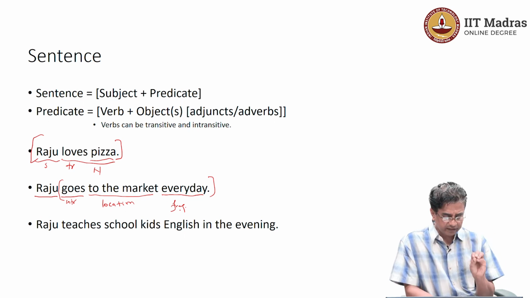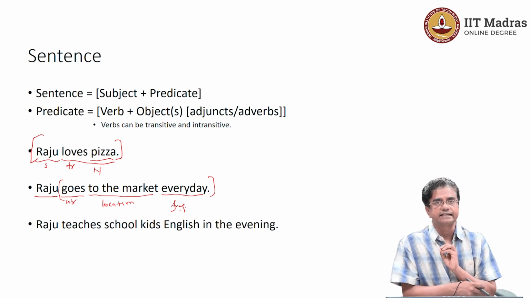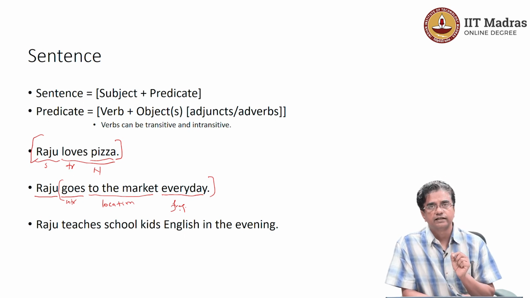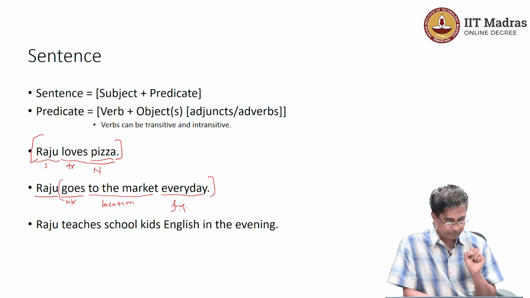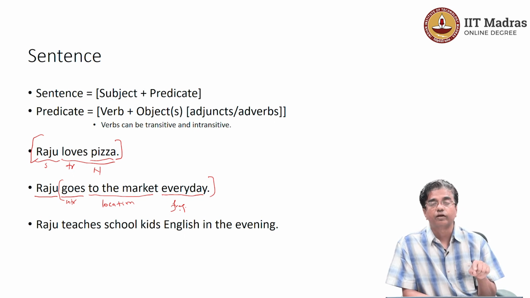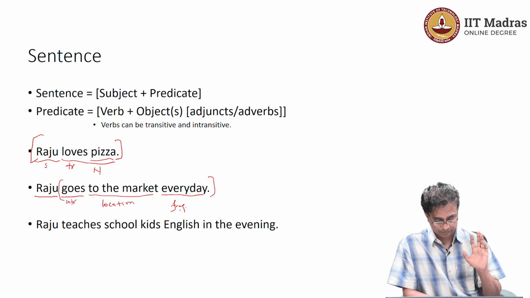So when an element adds some sort of information about the verb in a sentence, that is called an adjunct, that is also called an adverb, and they are called modifiers. Modifiers in the sense that they give you more information about the verb.